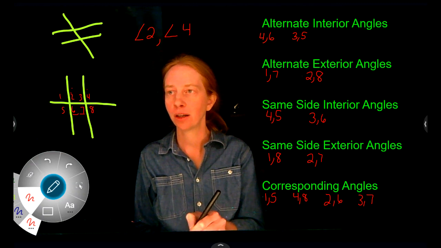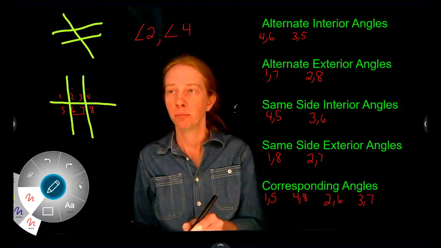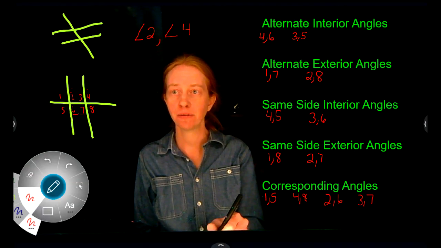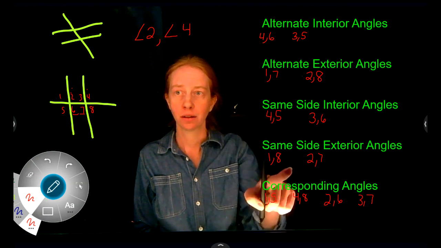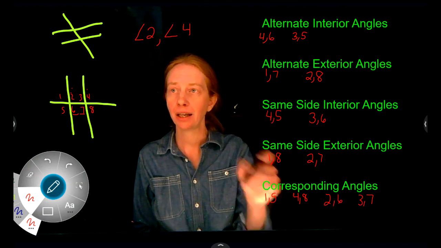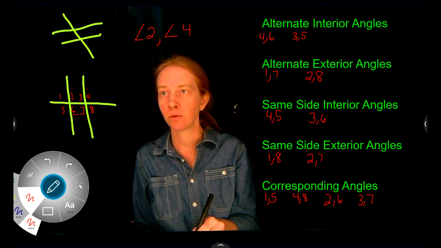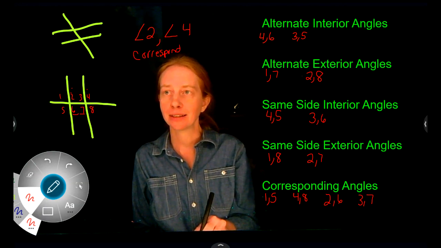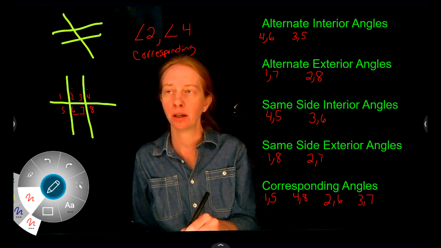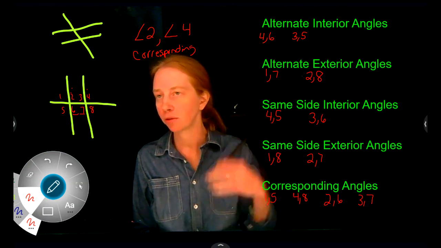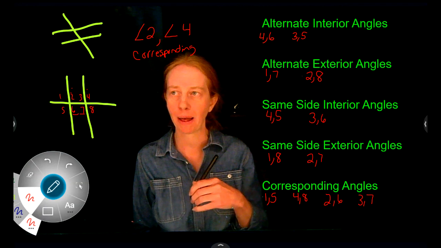Angle 4 is right over here. They're on the same side, but one is interior and one is exterior. So it doesn't fit these top 4. These are corresponding angles. And so that's what you would write. You would say these are corresponding angles because they're in that same position, the upper top right corner, or however you want to think about that.